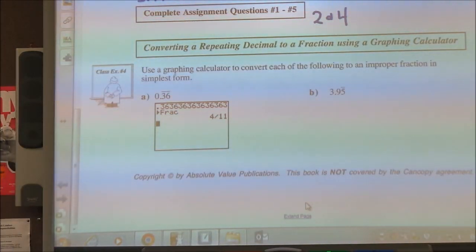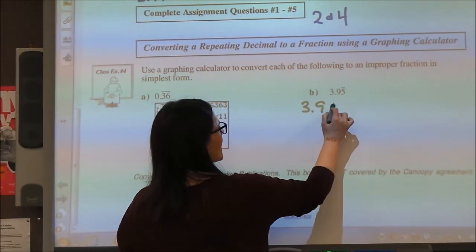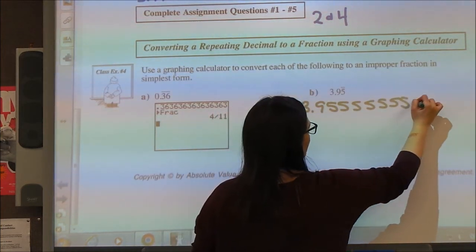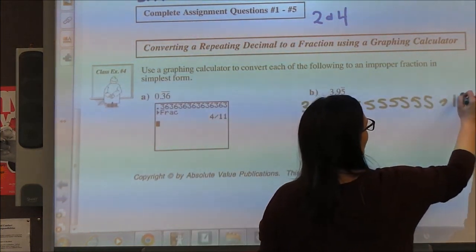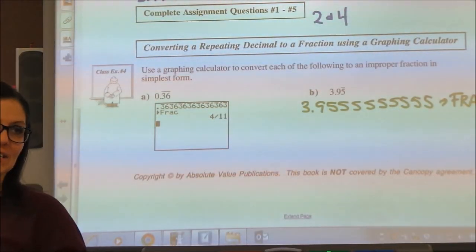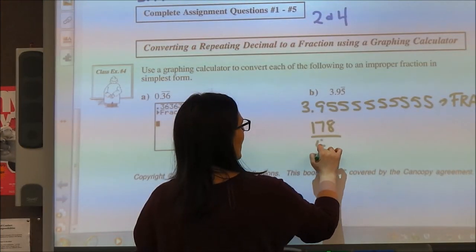That's how I get the 4/11ths. So if I had to do 3.95 repeating in my calculator, I would put a whole bunch of 5s. And then I could go to frac. In which case, what do I get? 178 over 45.